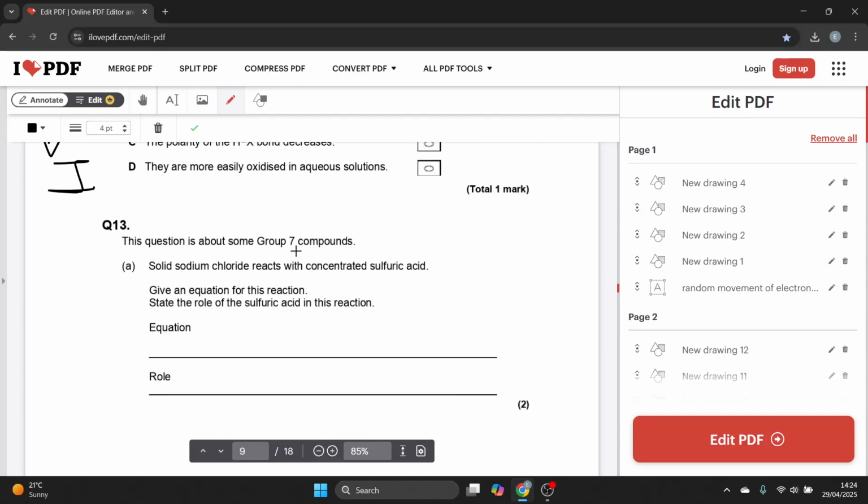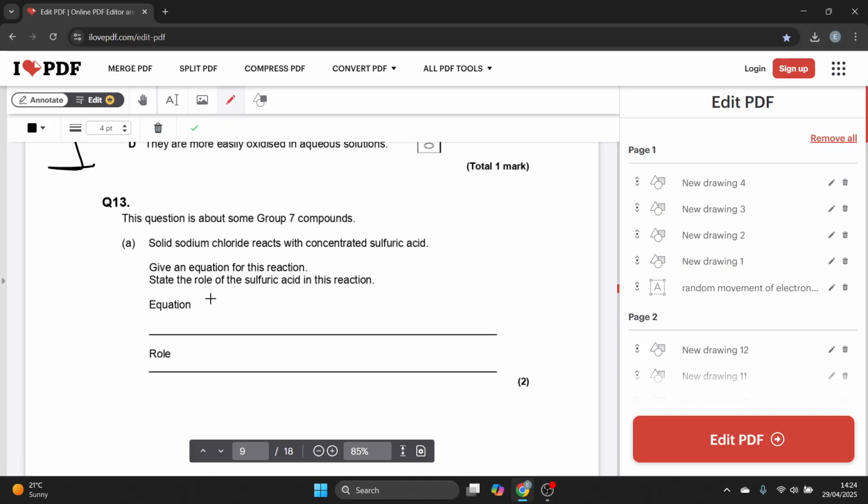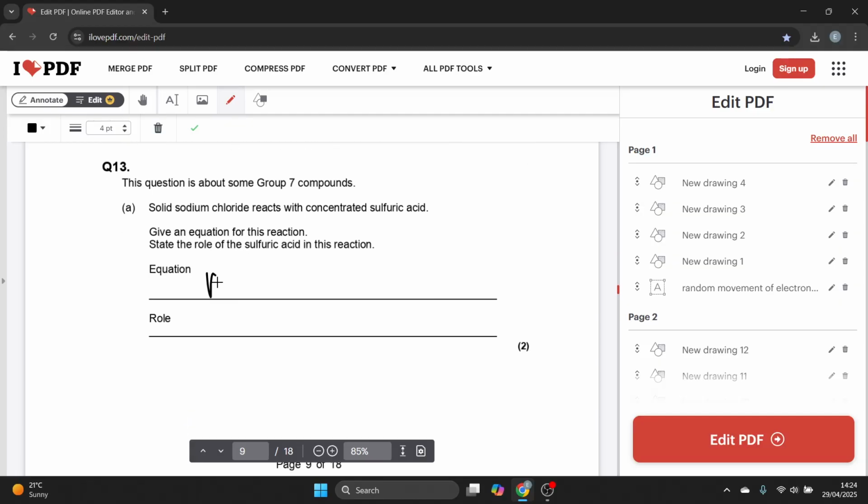This question is about group 7 compounds. Sodium chloride reacts with concentrated sulfuric acid, NaCl plus H2SO4 to form NaHSO4 plus HCl.